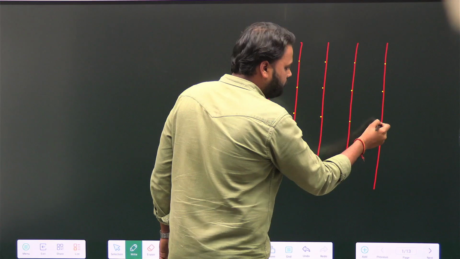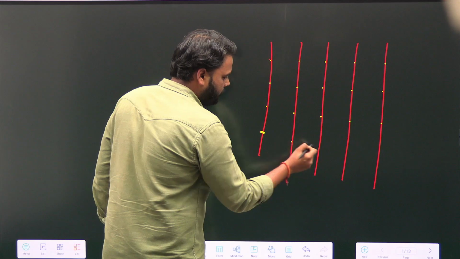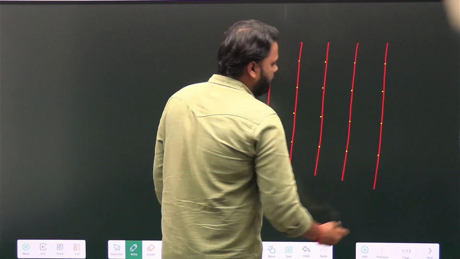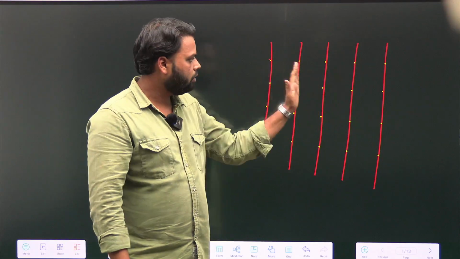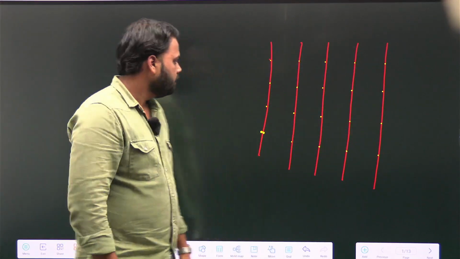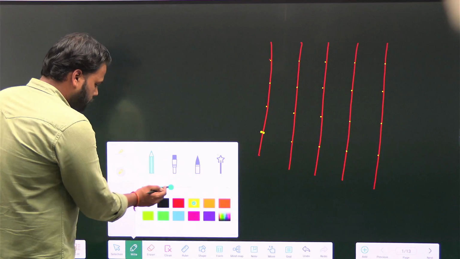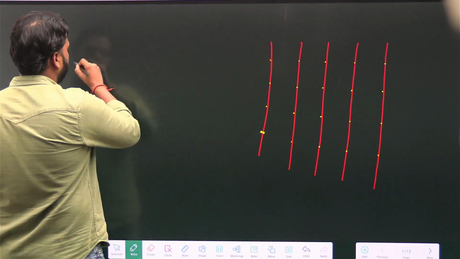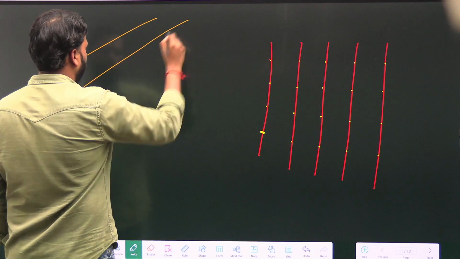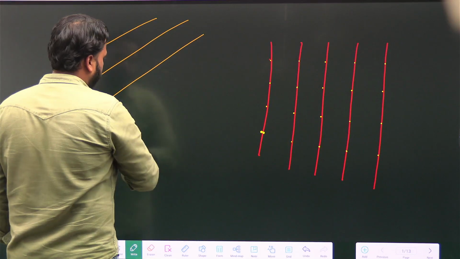This could be your set number 1. These all planes are parallel to each other. Similarly, you can draw a plane like that also. This could also be the plane.